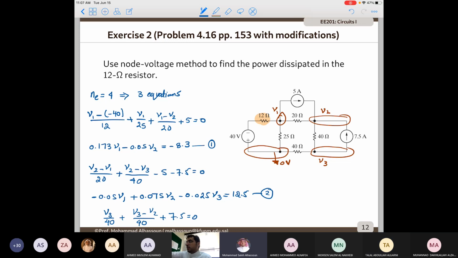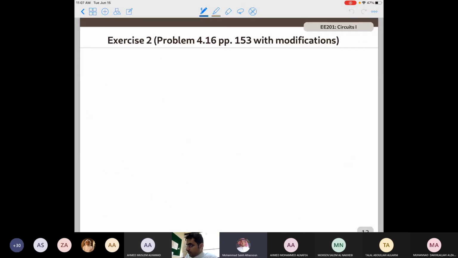So if I simplify it, I will end up with minus 0.025 V2 plus 0.05 V3 equals minus 7.5. This is the third equation.